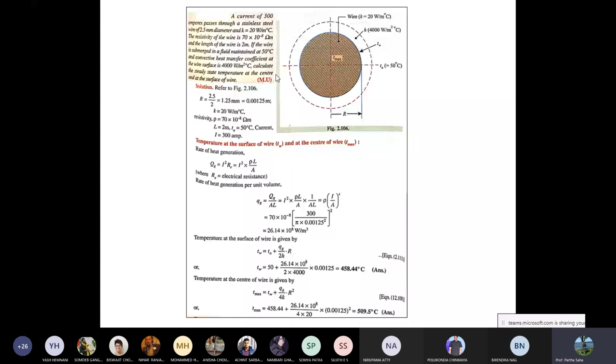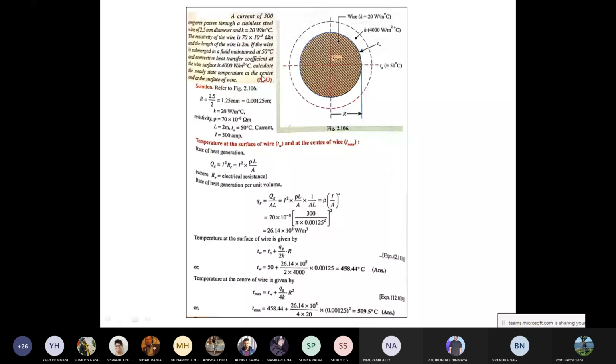A current of 300 amperes passes through a stainless steel wire of 2.5 millimeter diameter and thermal conductivity 20 watt per meter per C. The resistivity of the wire is 70 × 10^-8 ohm meter and the length of the wire is 2 meter. If the wire is submerged in a fluid maintained at 50 C and the convective heat transfer coefficient at the wire surface is 4000 watt per meter squared per C, calculate the steady state temperature at the center and at the surface of the wire. So this is the problem.